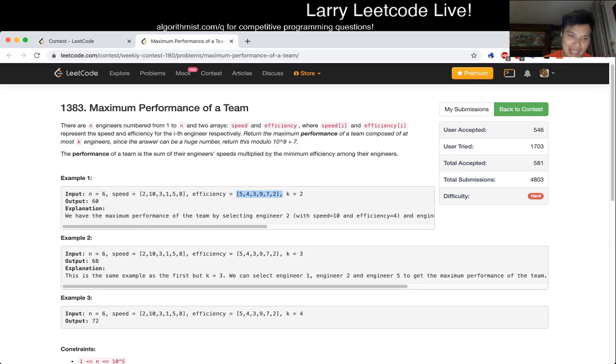So thinking from that, my next step was: let's say 5 is the efficiency that you want. What is the max speed? In this case, I kind of alluded to it earlier, you just want greedy, right?